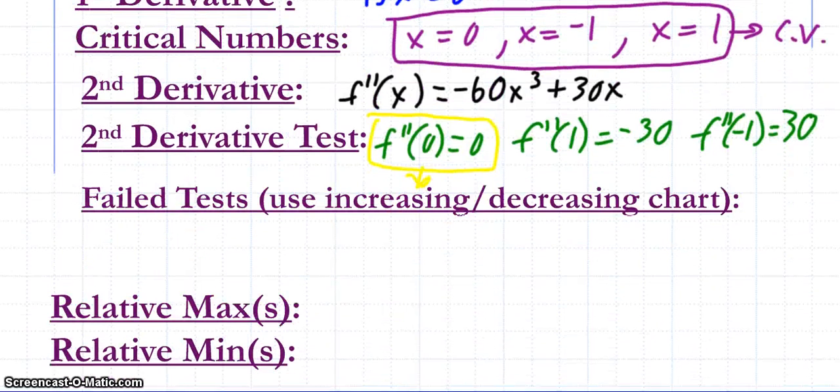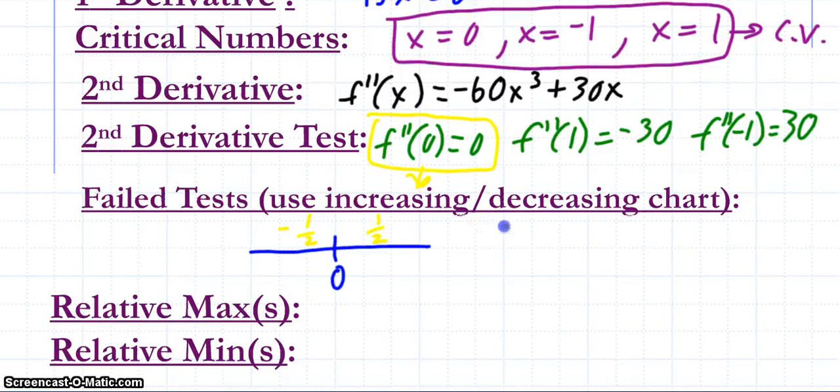Alright, so now, because we failed at 0, we're going to do our first derivative test now, but only for 0. So if this is 0, then now I have to be careful. Since 1 and negative 1 were other critical numbers, I need to use values between 0 and negative 1 and between 0 and 1. So I'm going to use negative 1/2, and I'm going to use 1/2.